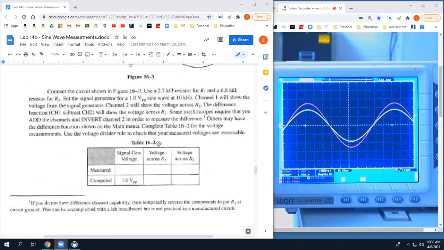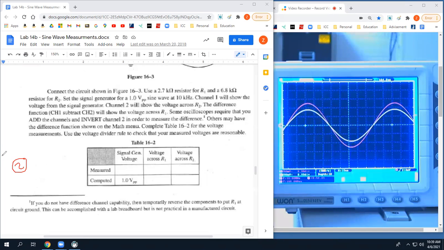Yeah. What you're seeing on the oscilloscope, we're measuring the voltage at two different points in the circuit. So here's our circuit.